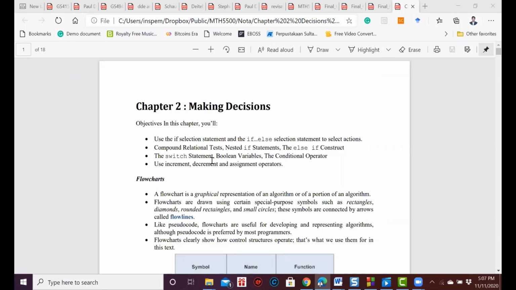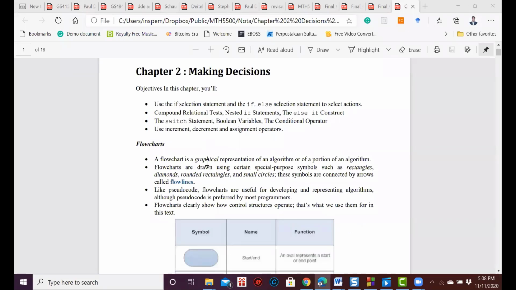So, go to the flowchart. I think for this course, for the master's level, we remove the flowchart. We will not include flowchart in your syllabus. Flowchart is actually for the undergraduate level.